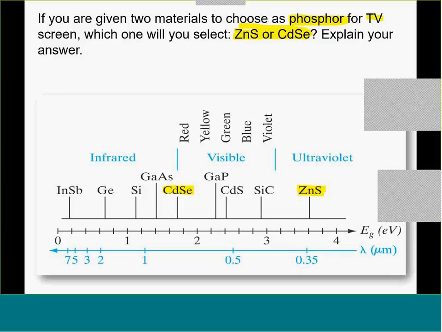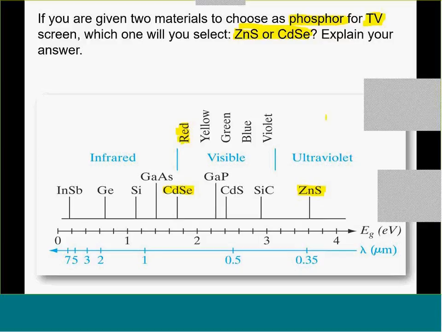Since we know that for our TV screen, we need it to be multicolored, isn't it? So if we choose cadmium selenide, then we have a TV screen that only has red color. But of course, it won't be interesting, because everything is going to be reddish.